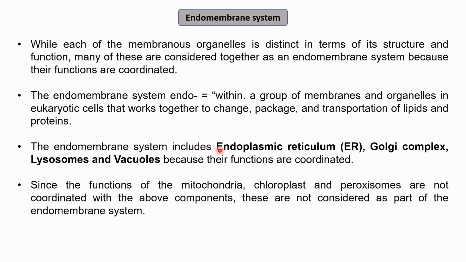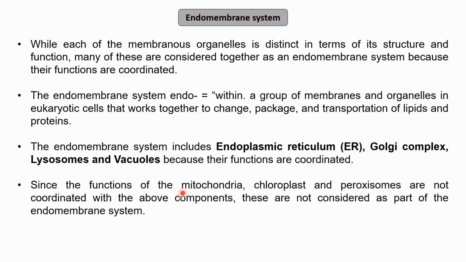The endomembrane system includes the endoplasmic reticulum, Golgi complex, lysosomes and vacuoles, because their functions are coordinated, as we will see later. So these are the main parts of the endomembrane system. All these organelles function together in coordination with each other.